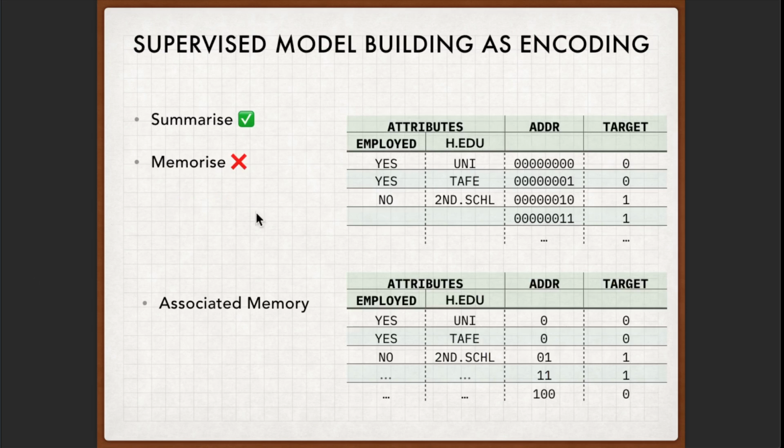Therefore, instead of this physical memory-like way of organizing the information in the training samples, we want to build some kind of associative memory. We want to summarize some of the training samples into one block.